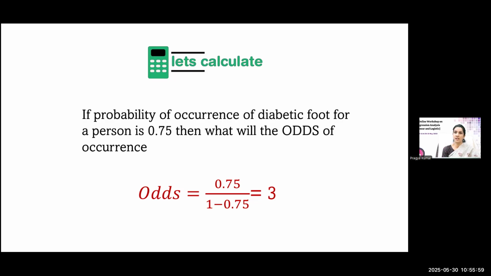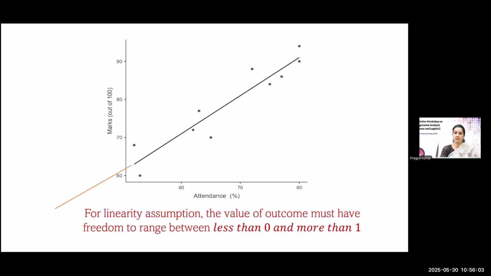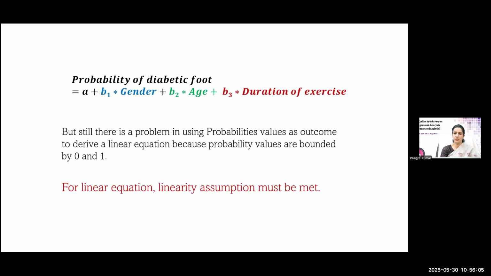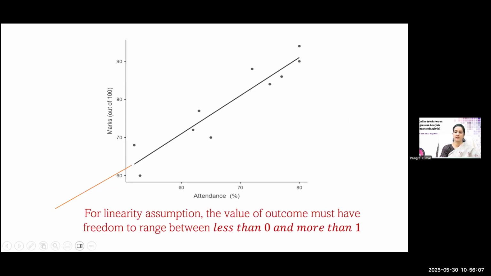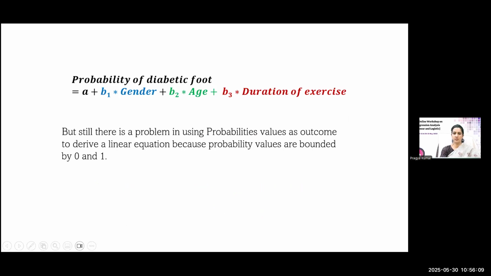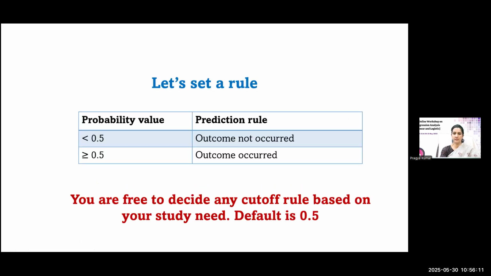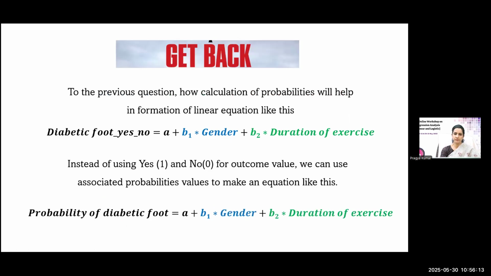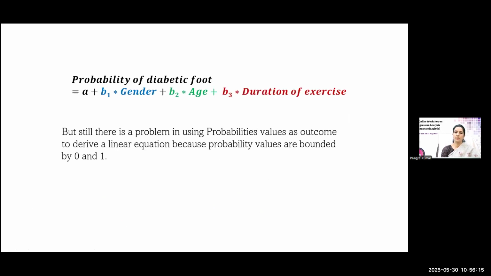Okay, Bhavna is asking to repeat the ceiling and odds. Here I was talking about this, Bhavna. You know what a probability is? Probability value will always be between 0 and 1. Do you agree?